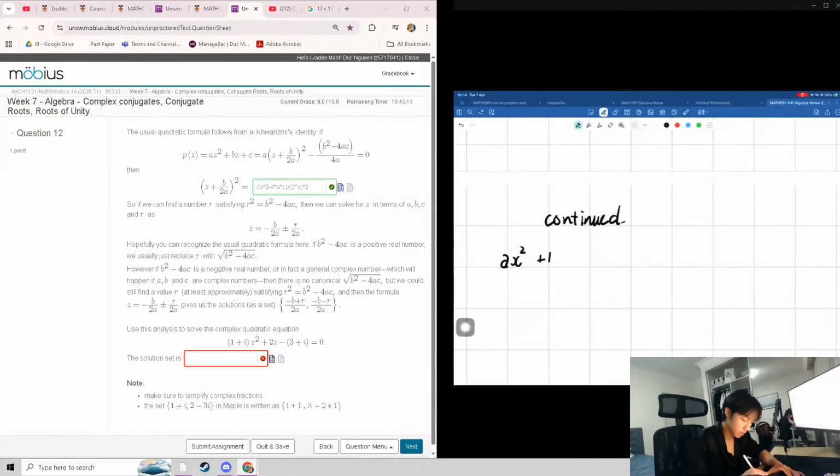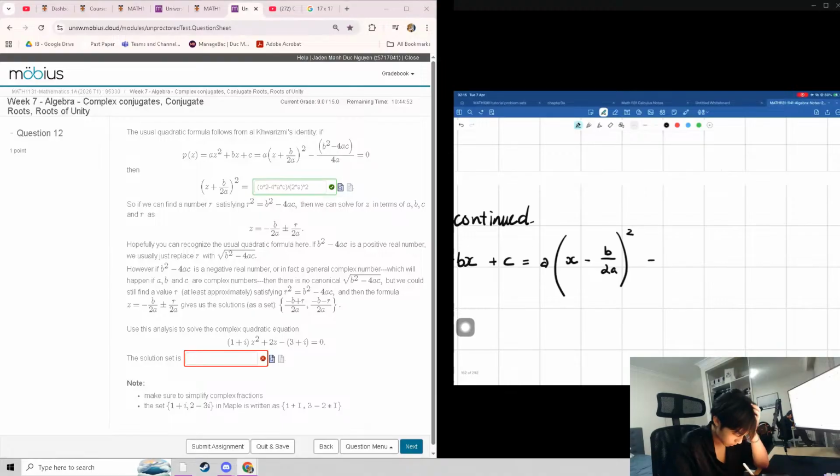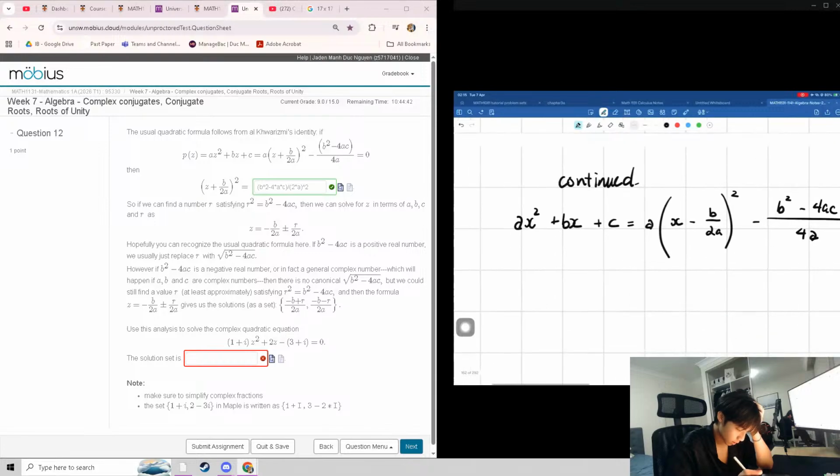Ax squared plus bx plus c is equal to x minus b on 2a squared minus b squared minus 4ac over 4a is equal to 0.